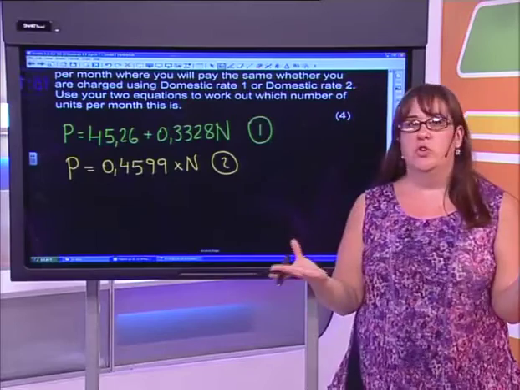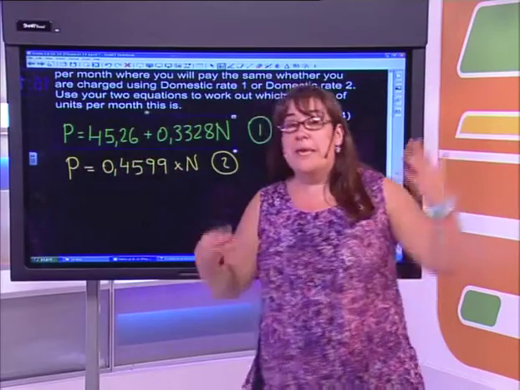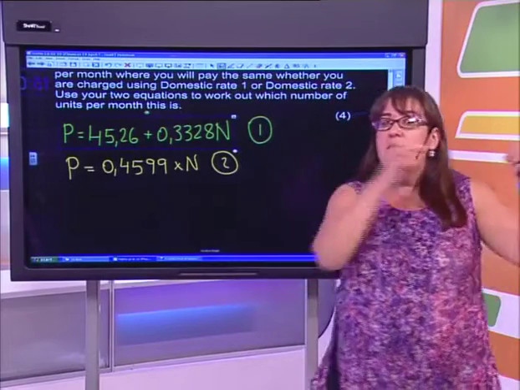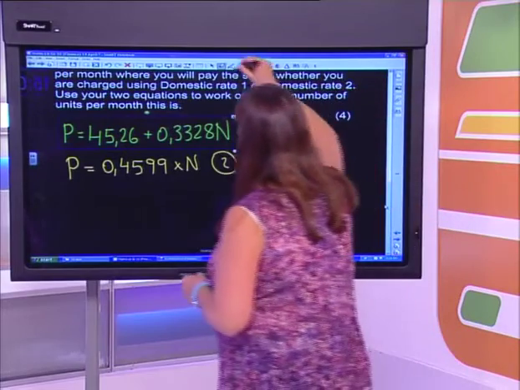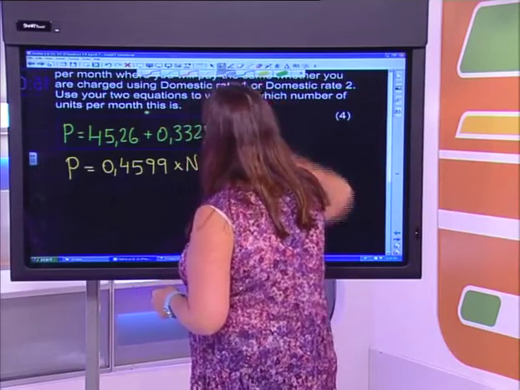So what am I going to do? I'm basically telling you my P's are going to be equal. So I can make the one equation equal to the other equation, which is exactly what I'm going to do. So let's change our color. Let's try some white.